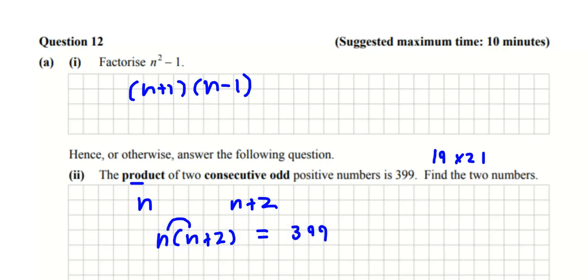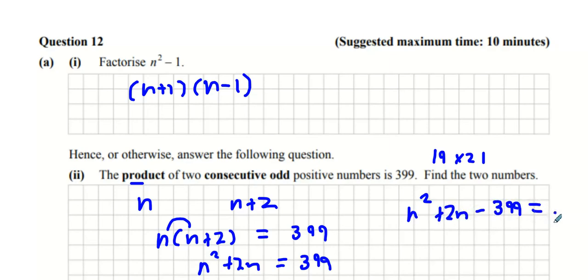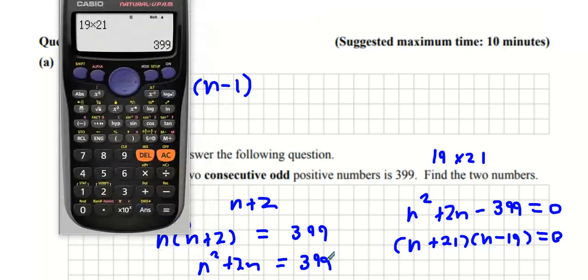You multiply it out and you get n squared plus 2n equals 399. Then you get n squared plus 2n take away 399 equals 0. You can do the minus b formula if you want, but I know already from earlier on that it's 21 and 19. Actually, you know what? You could put 399 into the calculator and shift factor.